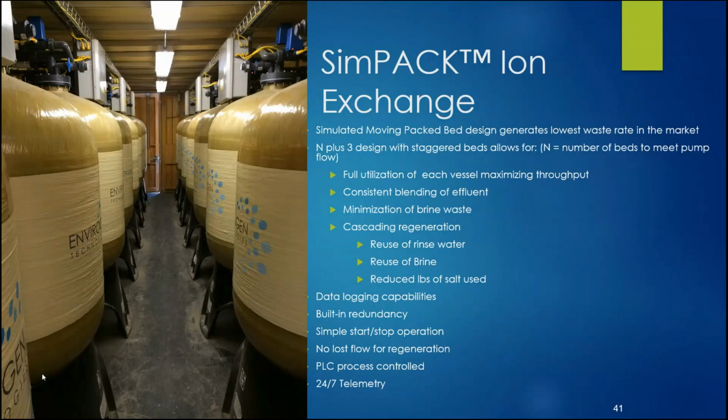That regeneration configuration allows the reuse of the chemicals, increasing the capacity per regeneration, and also the reuse of the rinse water. Consequently, it has the lowest waste rate of any process. Typically, this is used in applications targeting a specific contaminant, such as chrome or nitrates or something along those lines. It can also be used in a DMIN type application.